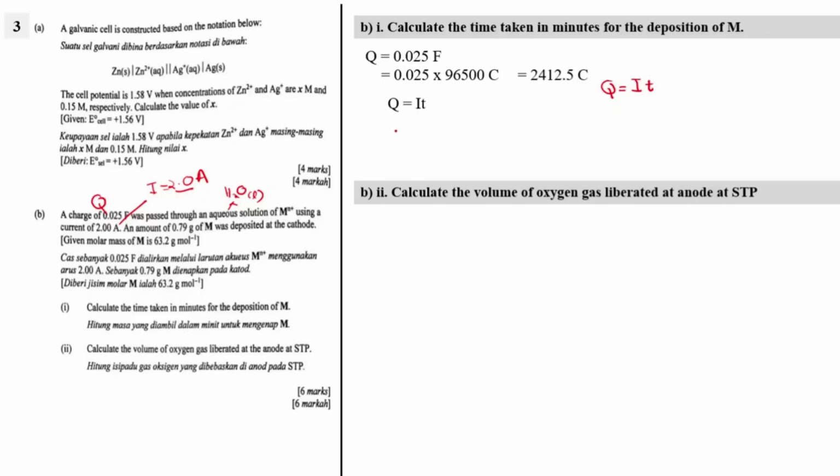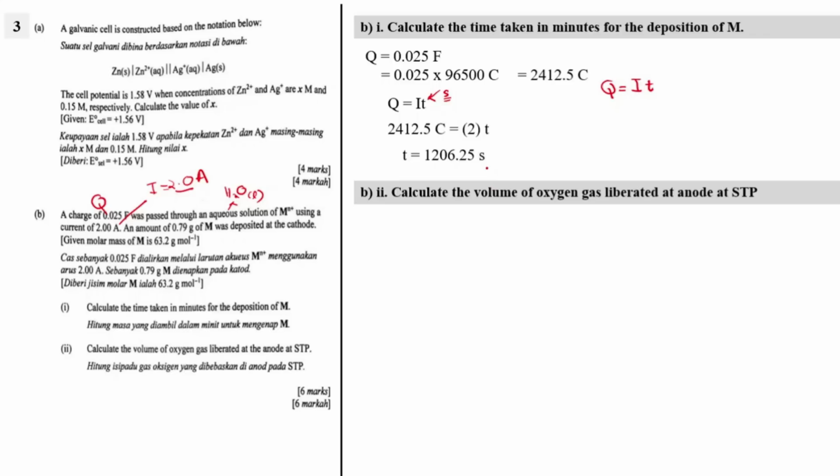So our Q here is 2,412.5 Coulomb, and then our I here is the ampere, and then we got the time. By using simple maths, we can now get the time to be 1206.25 seconds. So remember that the time here is always in the unit of second.